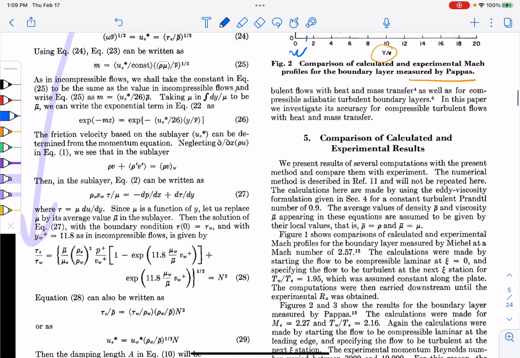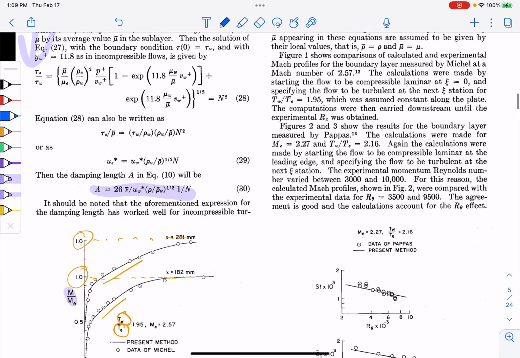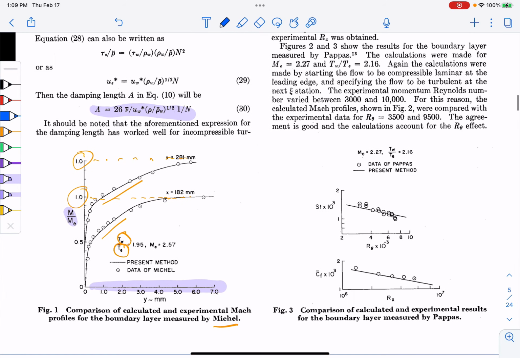Anyway, let's just go down and look at a few other interesting results in the time we have. These are skin friction graphs and Stanton number graphs. ST is not Strouhal number, it's Stanton number. It's non-dimensional heat transfer rate. And CF is skin friction. So these types of graphs, skin friction a little bit harder to measure.